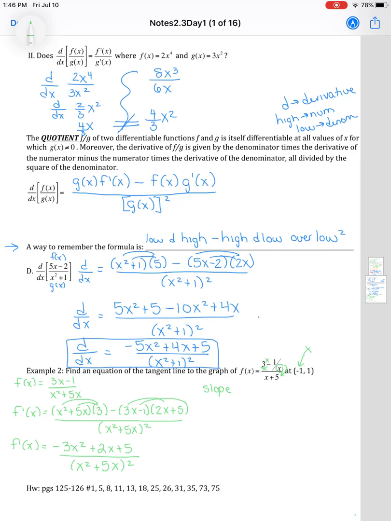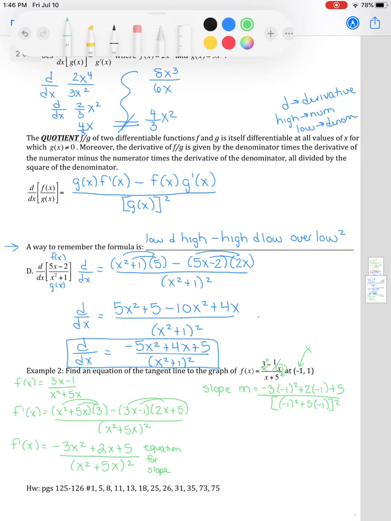In order to get the slope itself, we're going to sub in our x value. So our slope is then negative 3 times negative 1 squared, 2 times negative 1 plus 5, over negative 1 squared plus 5 times negative 1, and that whole thing is being squared. So remember, this is the equation for slope right here.